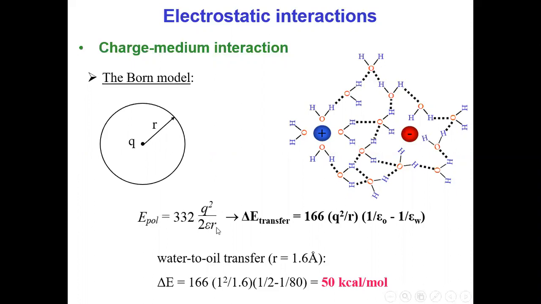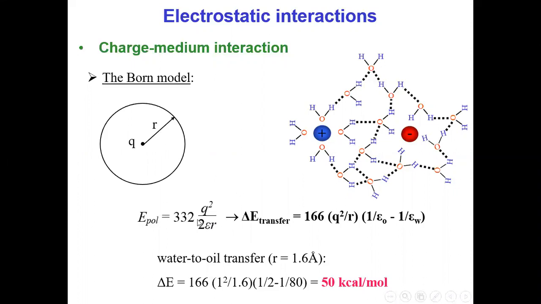And remember that, again, r in this case is not the distance between the two charges, it's the radius of each of the charges. And again, if we want to get the energy in units of kilocalories per mole, we multiply it by this prefactor.